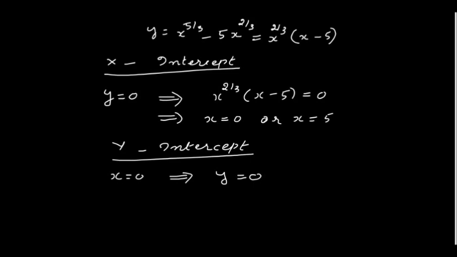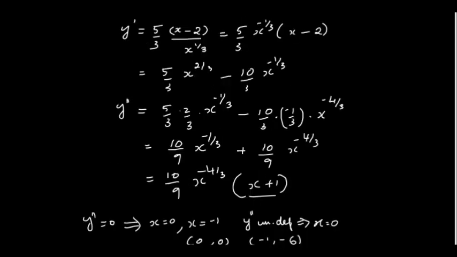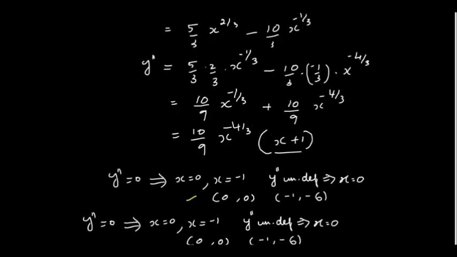When x is equal to 0 you get 0 definitely, and when x is equal to minus 1 you get minus 6. So after the calculation you are getting 2 points of inflection, that is (0, 0) and (minus 1, minus 6). So these are points of inflection.